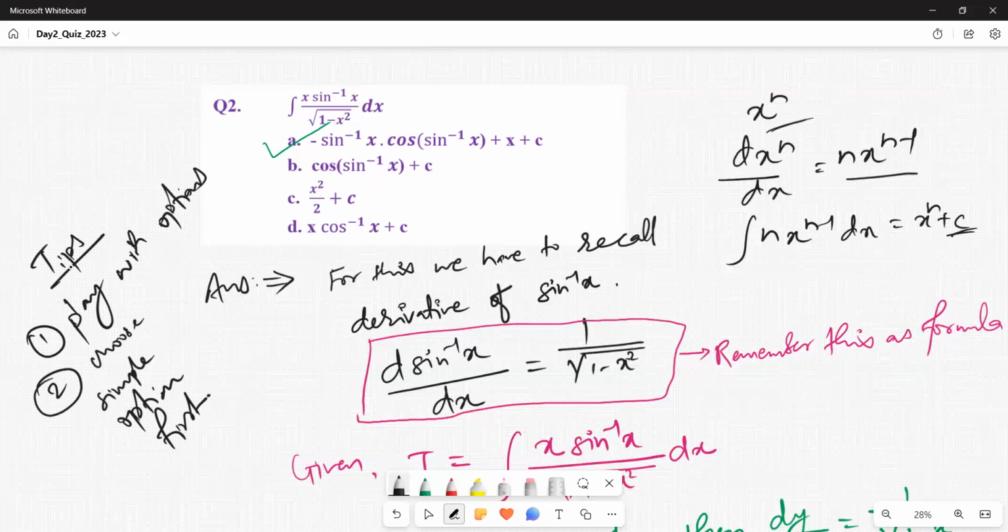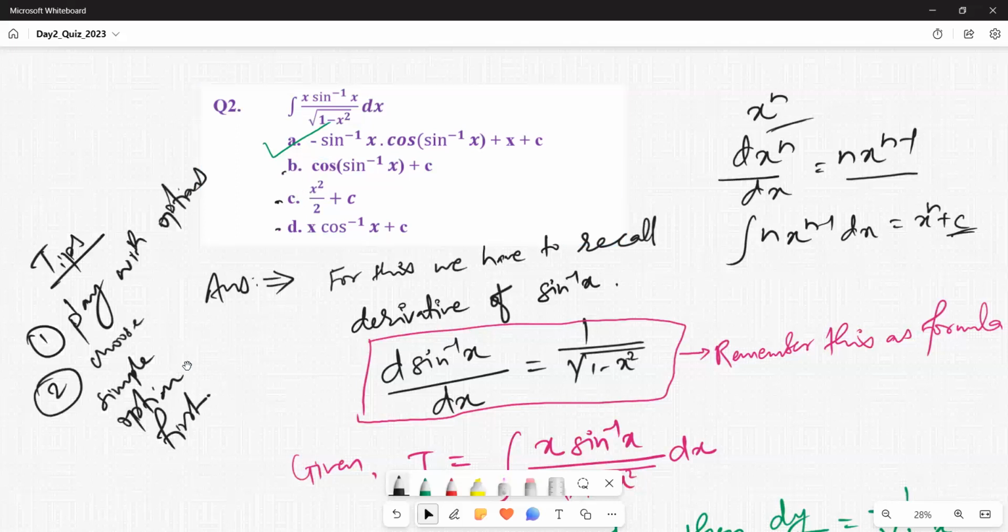Start with something simple like C, or B, D. In this way, you will start. Sometimes it may be that the option is B, or C, or D. In this case, it is A. But still play with this.